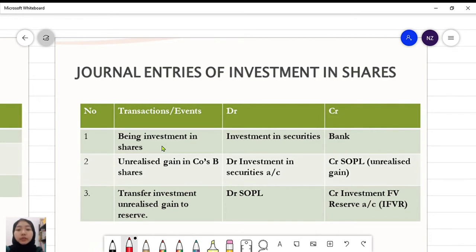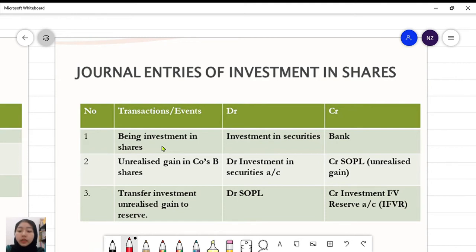But as for this one, shares are something intangible. When we buy shares, we get, for example, 70% ownership of the company's assets and liabilities. It's like an intangible asset, so it is not tangible. It's also something we don't manage ourselves. We just buy the shares, but the shares won't be managed by us.